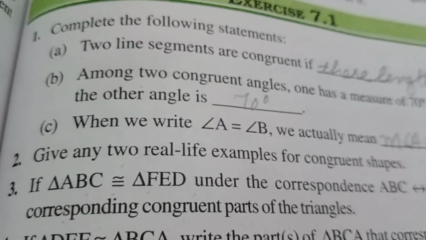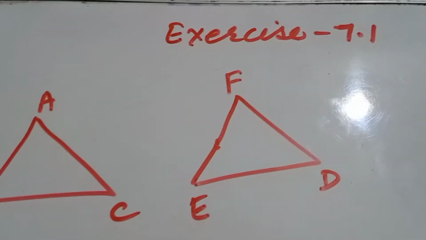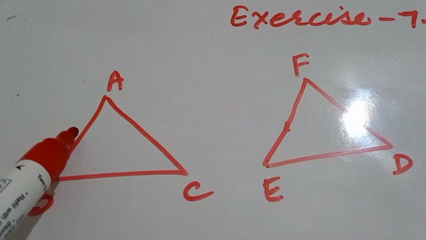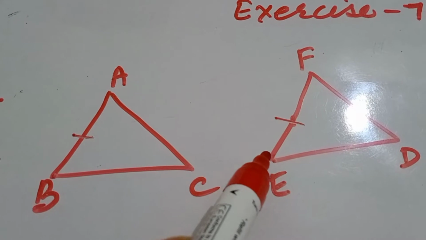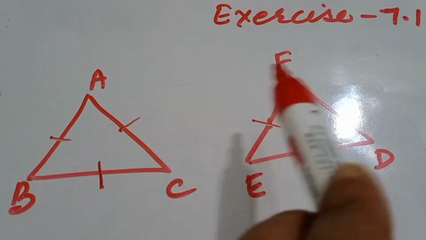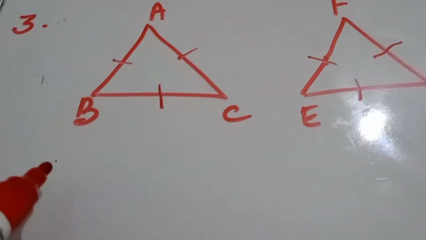So let's understand and find the solution of this. I have triangle ABC and triangle FED. So it means AB will be equal to line segment EF, BC will be equal to ED, and AC will be equal to FD. So how will you write?